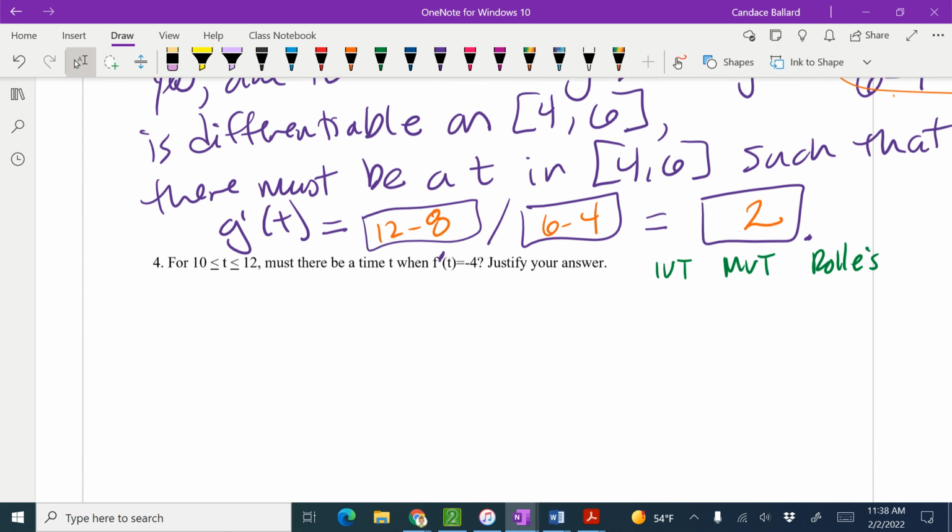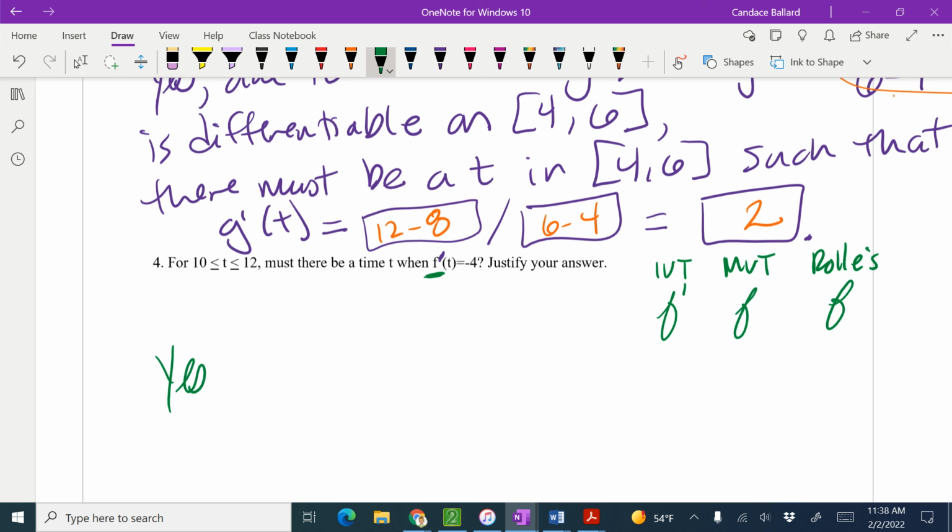All right, let's take a look at it together. What function are we starting with? F prime. So that means IVT has to be F prime. What do MVT and Rolle's have to be? F. Good.